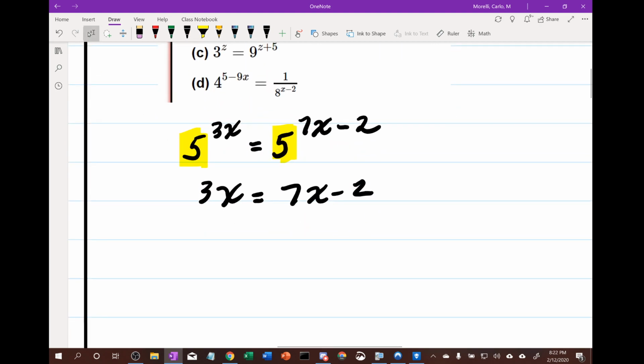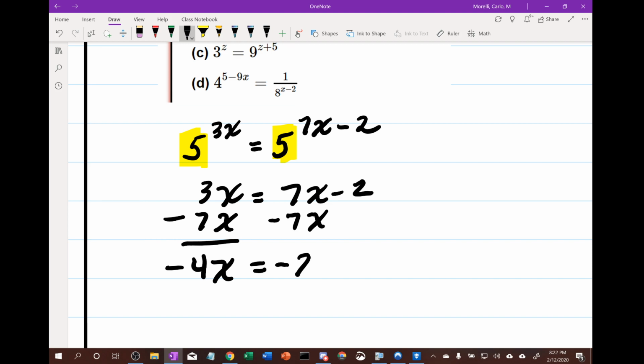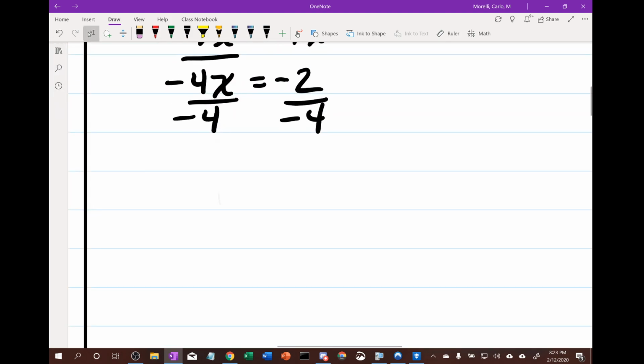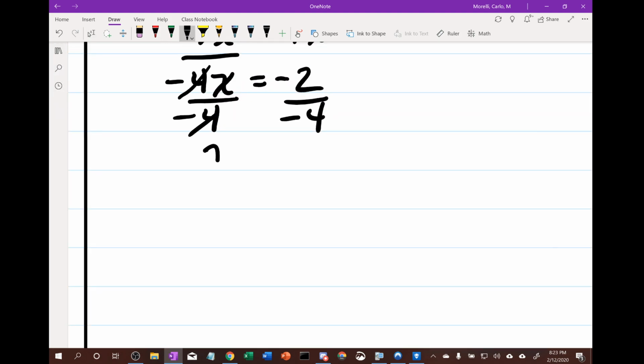So you solve this problem like any other algebra problem. We'll gather like terms, subtract 7x from both sides, and here we get negative 4x equals negative 2. Divide both sides by negative 4, and we would have x equals 1/2.